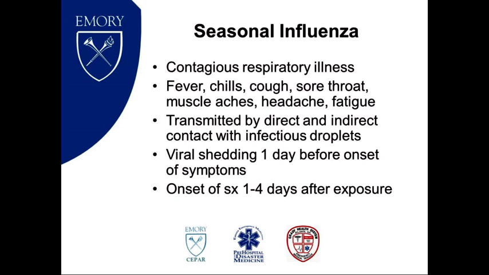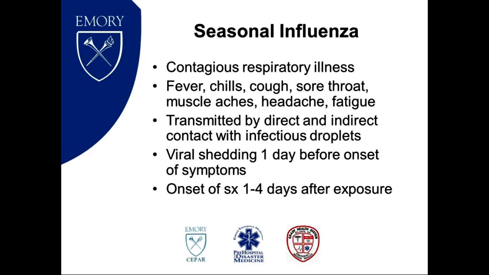Seasonal flu is transmitted by direct and indirect contact with infectious droplets. Because they are droplets, they are spread over a range of usually up to 3 to 6 feet, a radius of that distance from the infected individual.